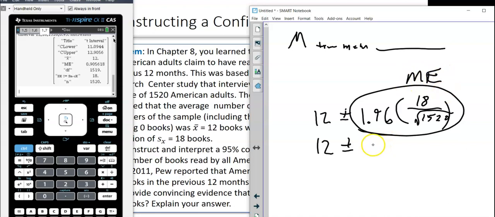This would be 0.906. And then the lower bound is 11.09 and the upper bound is 12.9. So interpret it. We are 95% confident the interval from 11.09 to 12.9 contains the true mean amount of books that an American has read in the last year.